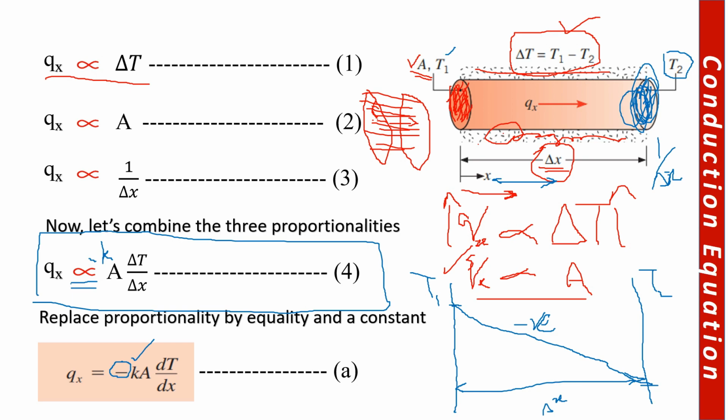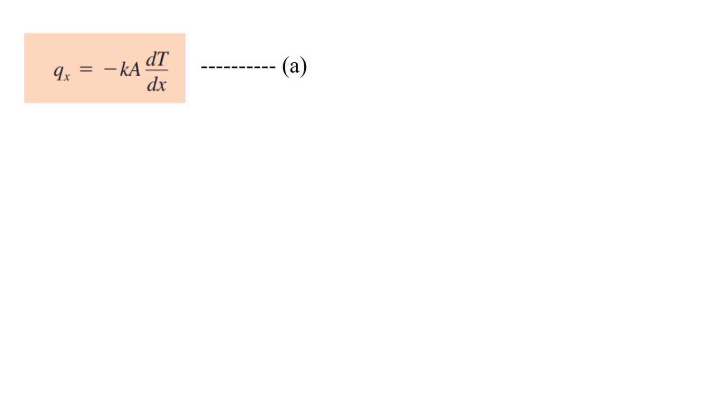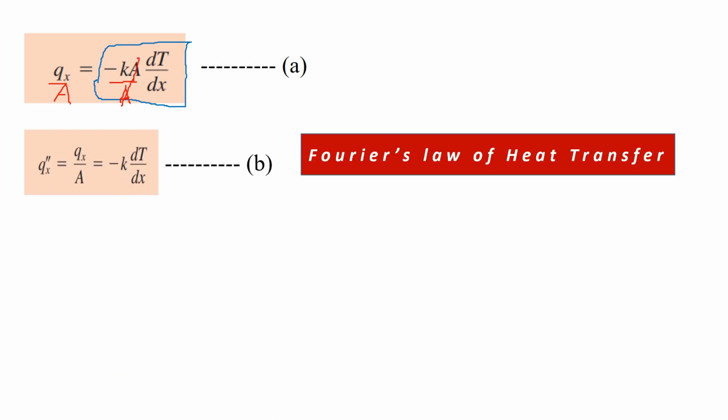Now we have reached the Fourier equation for conduction, which is q of x equals minus kA dT by dx, where q of x is the heat transfer rate in the x direction. If we divide both sides by A, because A is constant and k is also constant, it gives us the flux, the heat transfer rate divided by A, and the units change to watt per square meter.